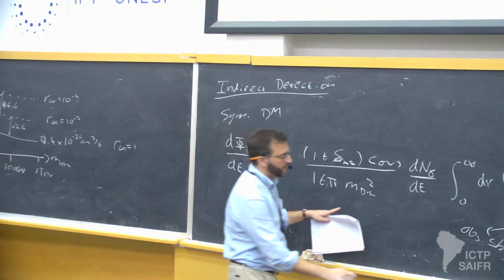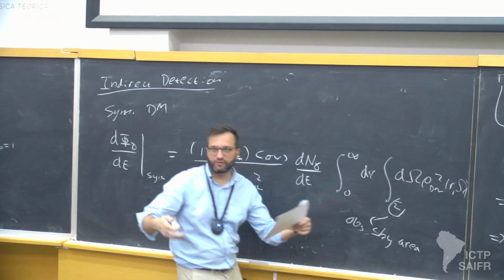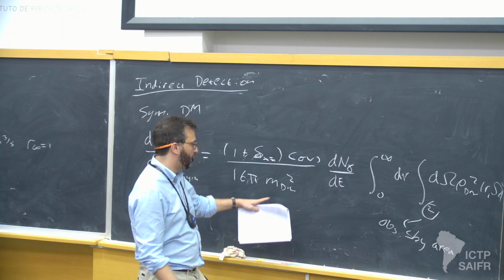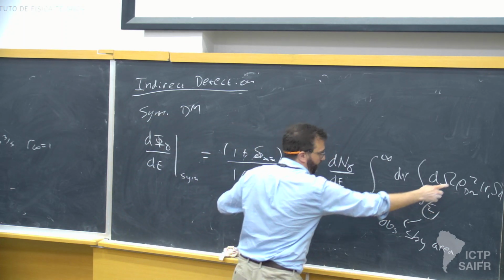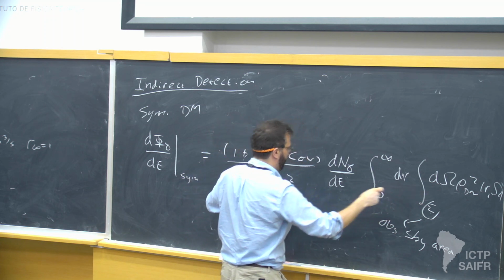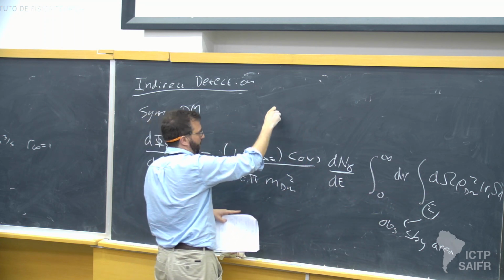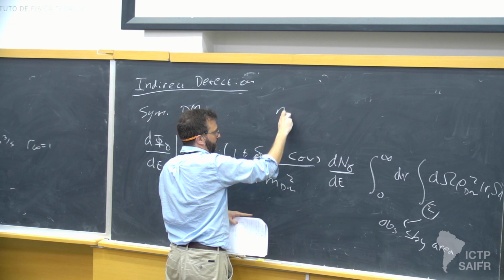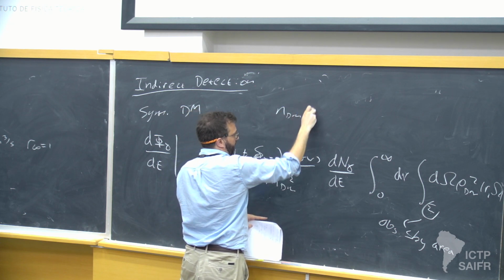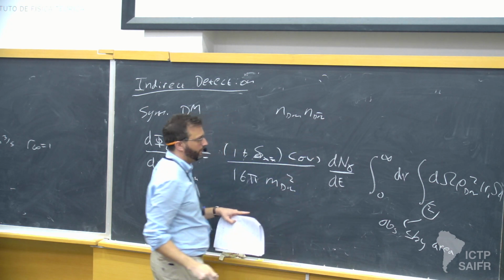This is the dark matter density, which you can estimate from observing stars and stellar motions. And why does it scale as, this is what we observe indirectly, the whole thing should scale as n dark matter squared.